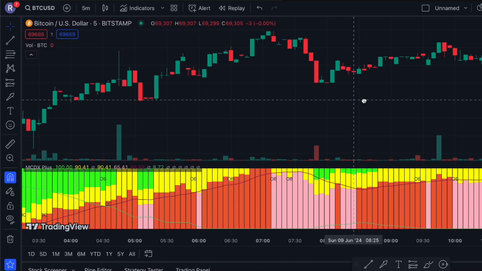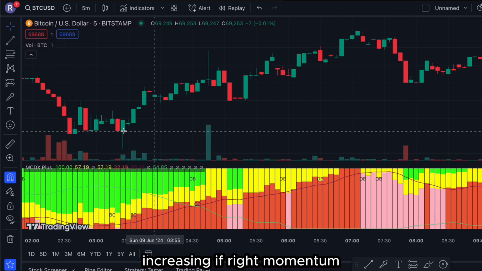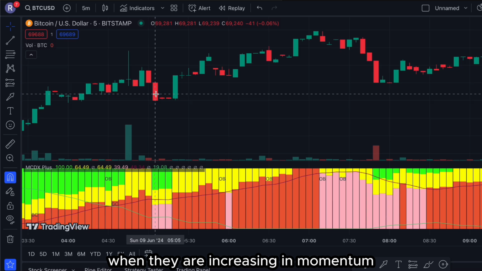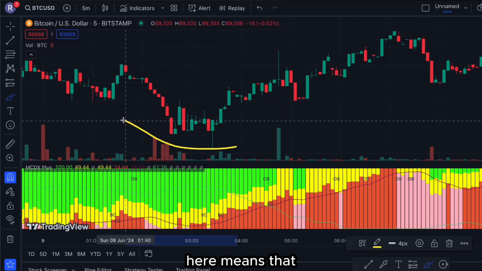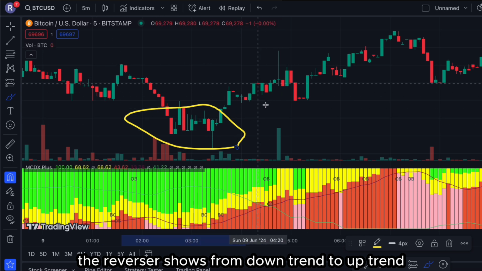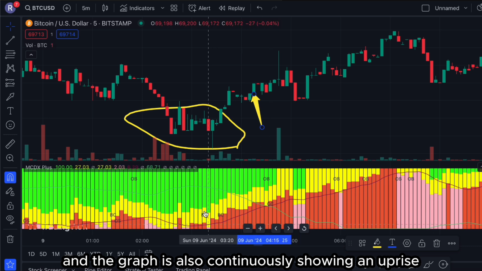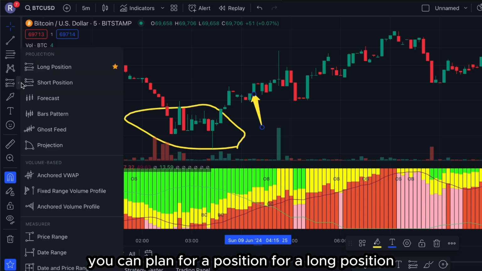For example, this shows a very obvious increase in red momentum. So you can plan for your trade when they are increasing in momentum. For example, after the reversal confirmation here, which means the reversal shows from downtrend to uptrend, if you are planning a position at this area and the graph is also continuously showing upwards red color, you can plan for a long position.